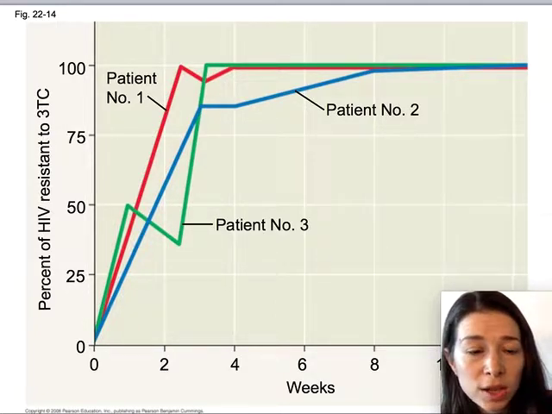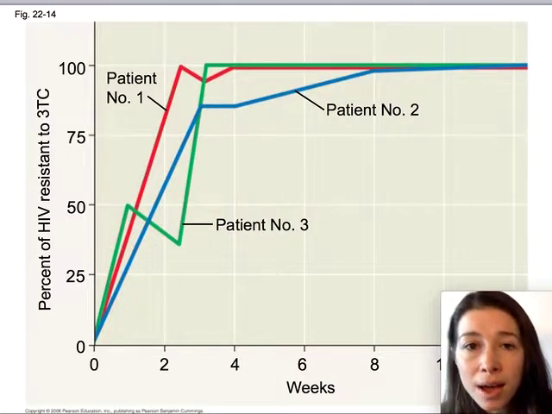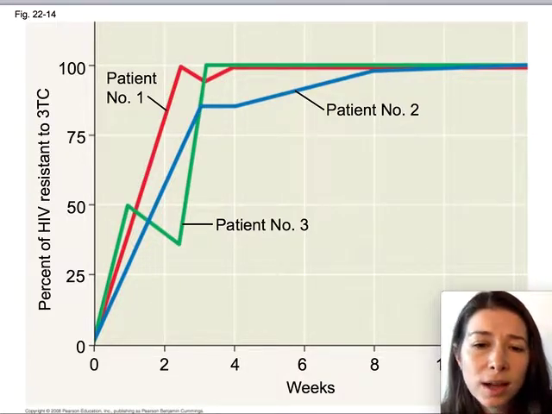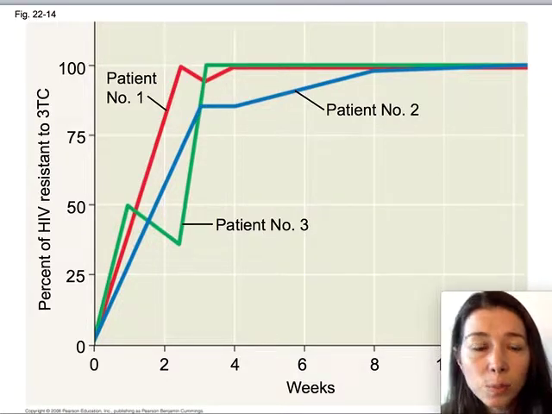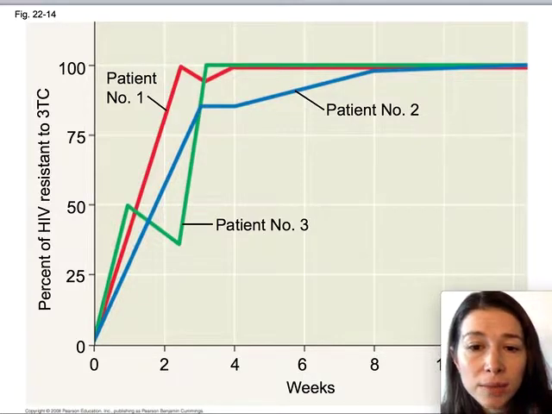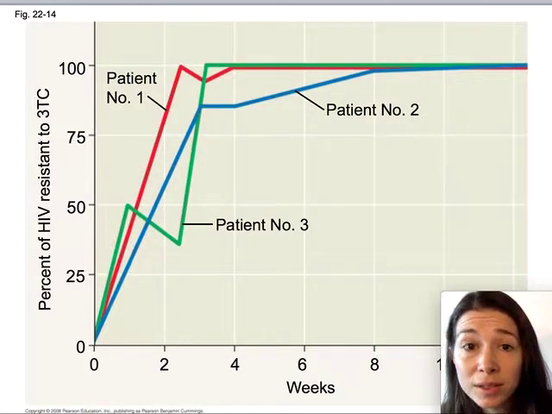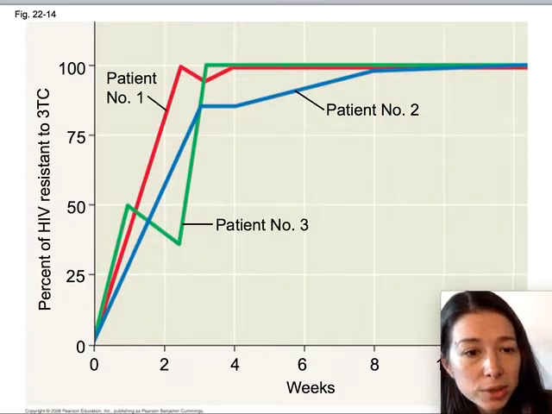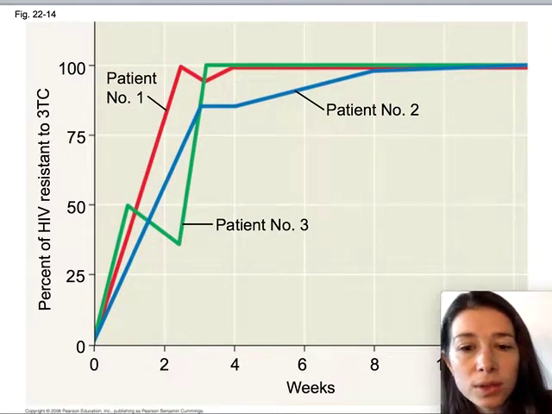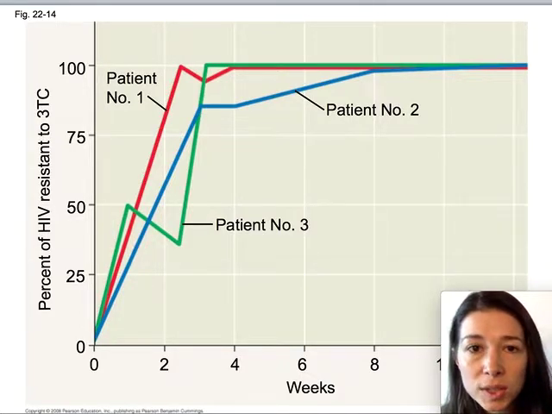We can see it starts off very low because, like I said, that mutation is not necessarily good for the virus on a regular basis. But in the presence of that drug, all of a sudden, that mutation is present in all of the viruses because they all originated from the original viruses that were present in a very small amount. So that's how drug resistance works. Over time, a small part of the population that is resistant is going to take over and become the dominant virus or bacteria.